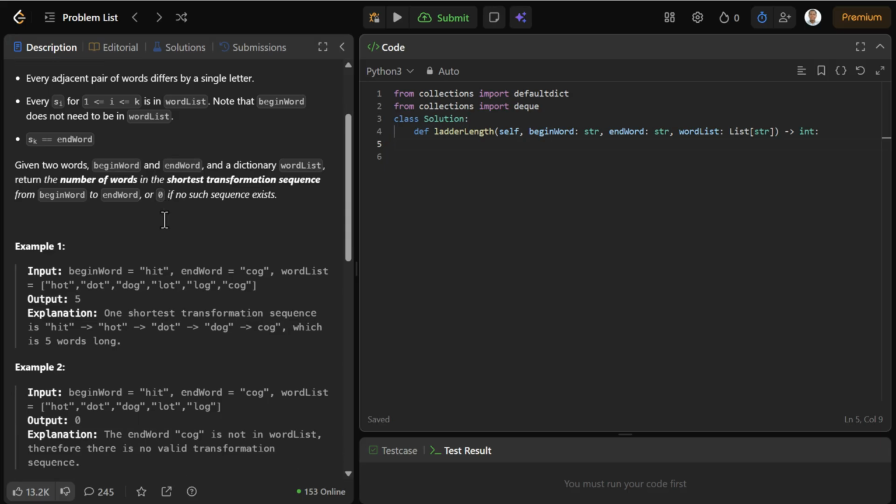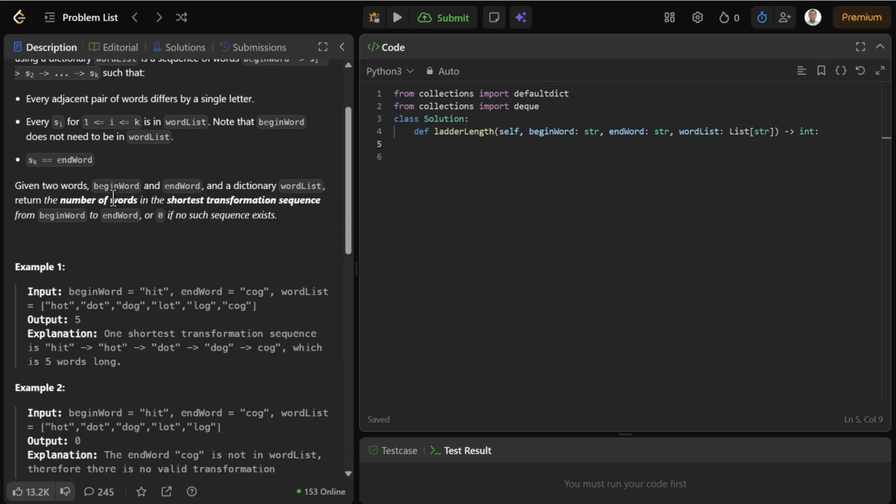This sounds like a graph problem because we want to start from a begin word, then go to a particular end word. We want to sort of traverse a particular path. Since we want to find the number of words in the shortest transformation sequence, the traversal we are going to be using here would have to be breadth first search.